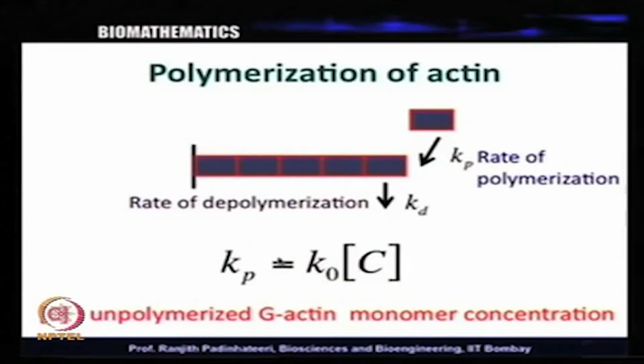The Kp, the polymerization rate, is k0 times the concentration C. Once we realize this, we can think about the net speed of filament growth, because the growth of filament is important in biology: the faster the filament grows, the more force actin can apply on the cell walls and cell membranes, so that the cells can crawl. So, cell motility depends crucially on the rate of polymerization.